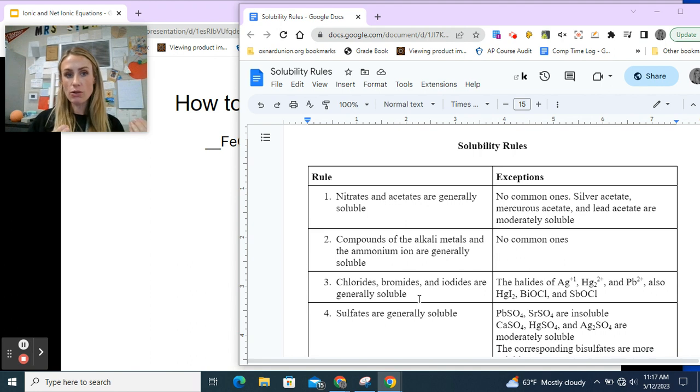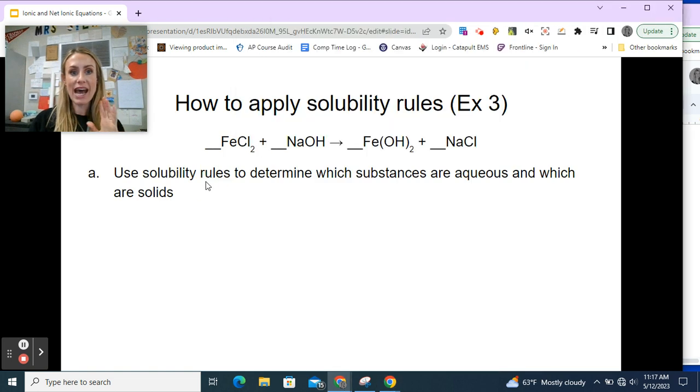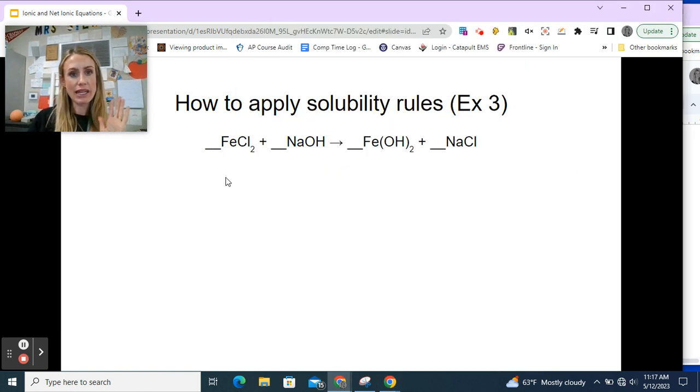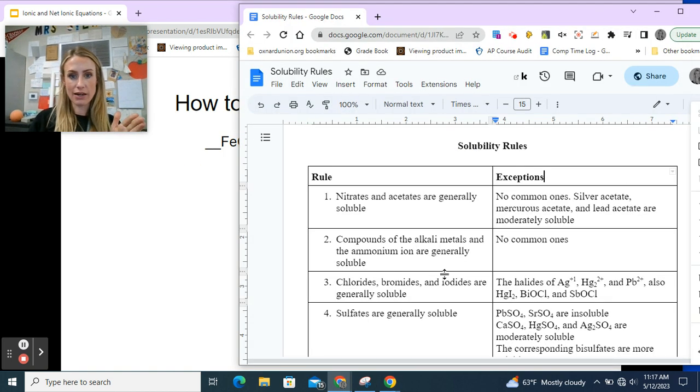However, the halides of silver, mercury, and lead are insoluble because they're exceptions. Iron is not an exception, which means that this is going to be soluble.